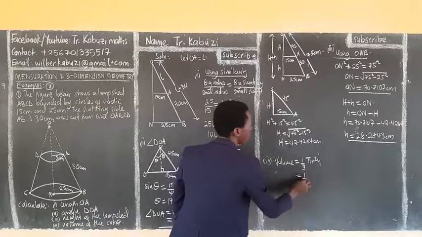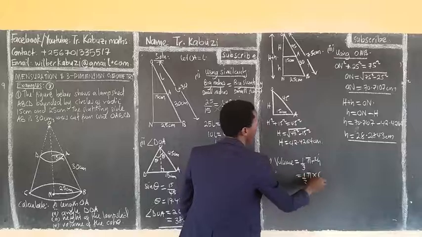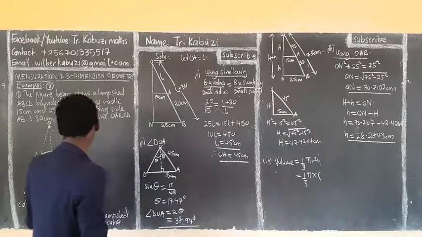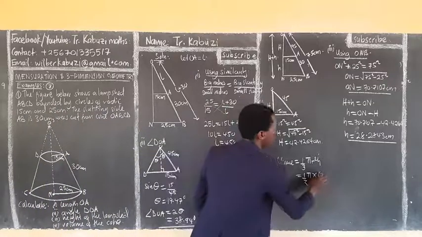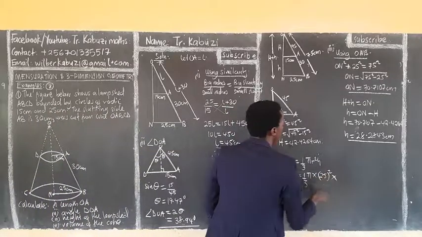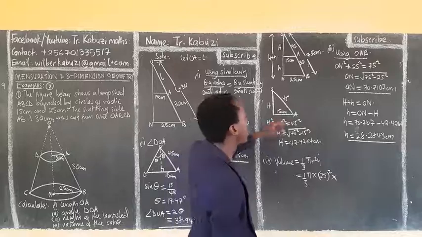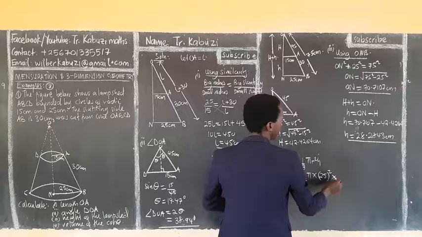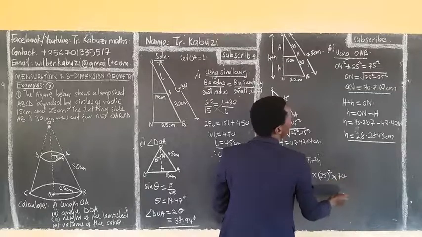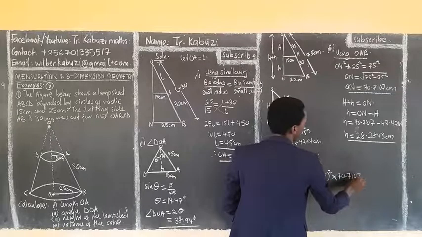This is going to be a third, pi, then times the radius. So now our radius of this cone is 25, so 25 squared, then times the height. We have got the height as ON, which is 70.7107.